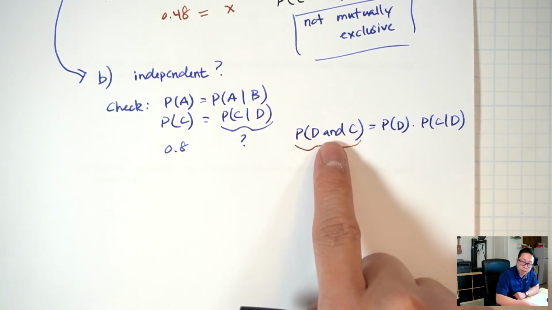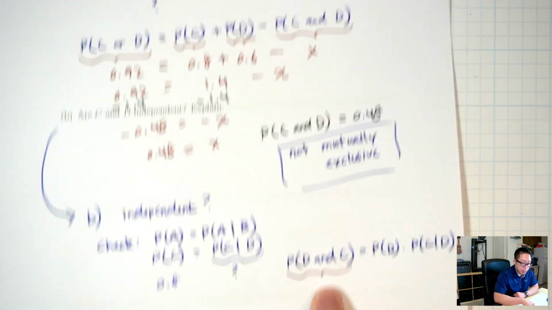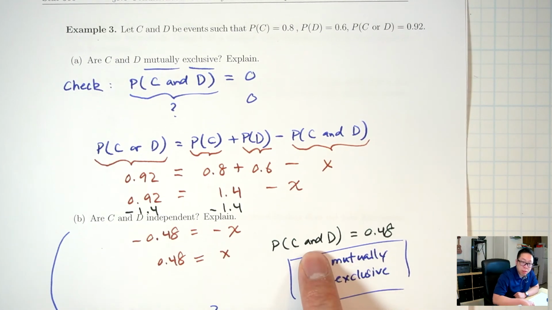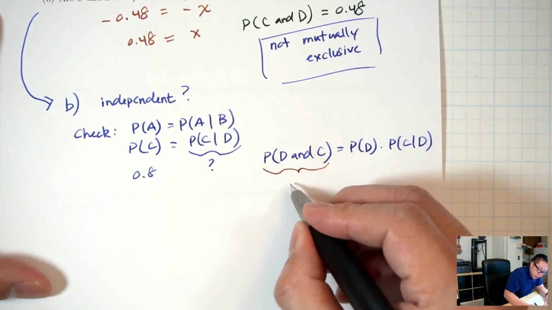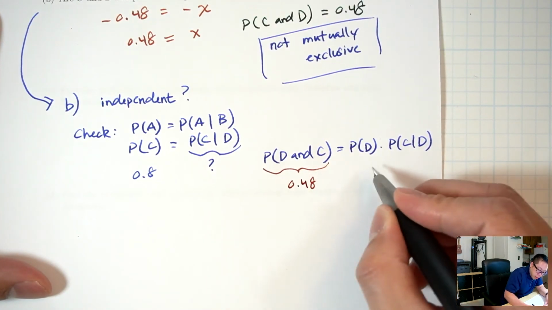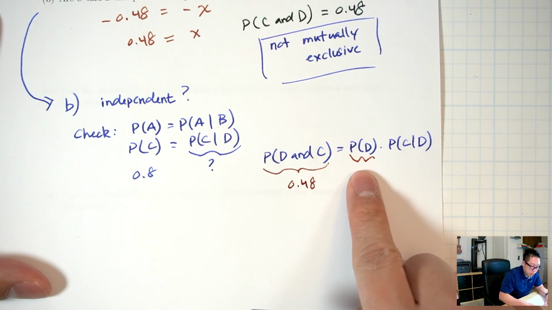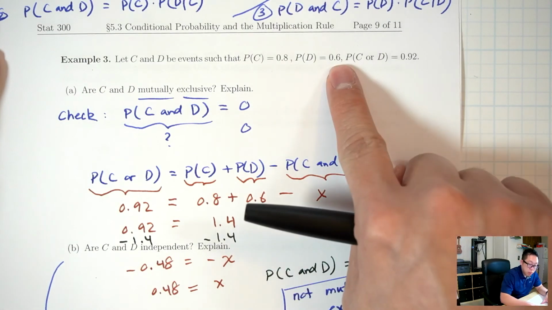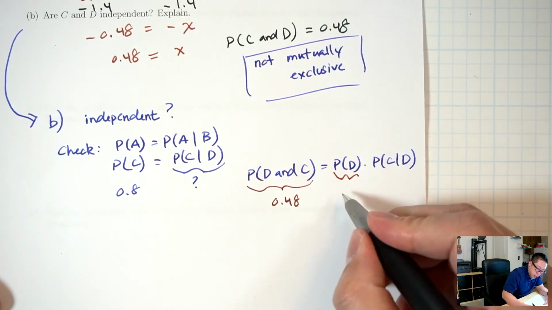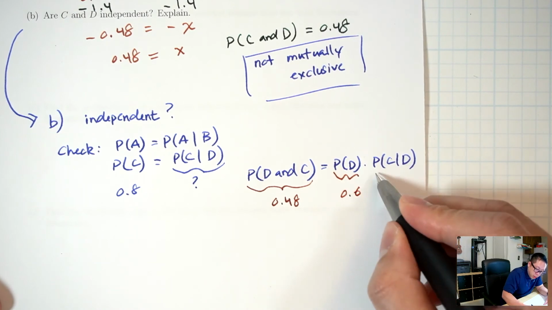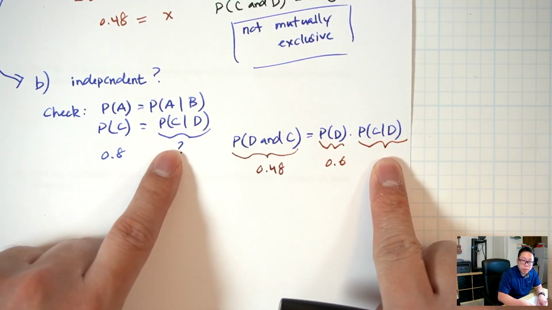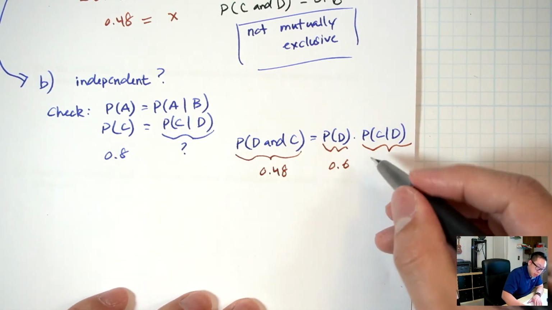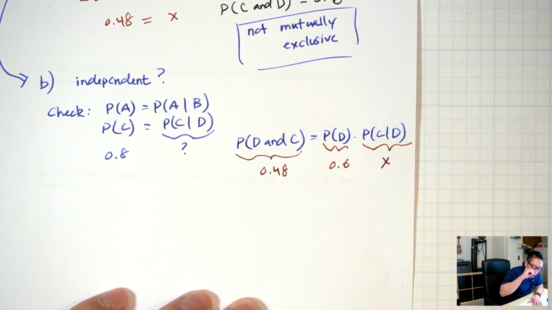So D and C is the same thing as C and D. And C and D, we actually found right here. It's 0.48. Probability of D, we know is 0.6. C given D is what I'm looking for to find this right side. So that's X.